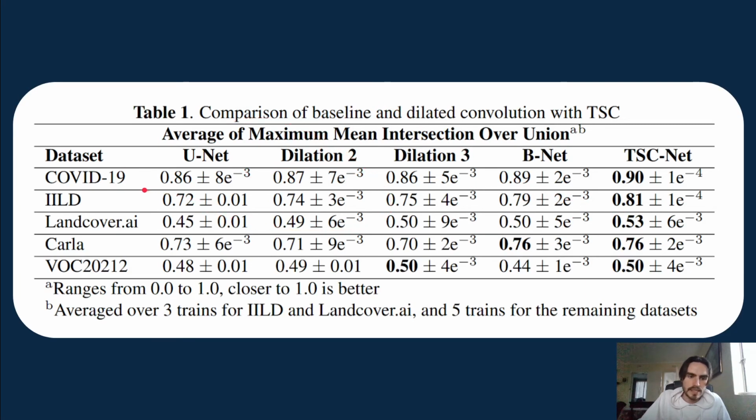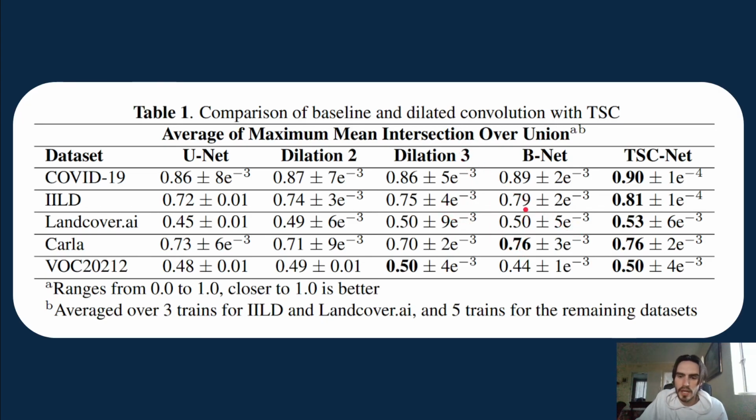Next, we test on a bunch of real-world data sets. We test on a COVID-19 data set, the INRIA image labeling data set, Land Cover AI, Carla, and VOC2012. And you can see TSCnet outperforms or matches its nearest competitor in pretty much every single case. It also has lower variance in a few cases, so that's also good.